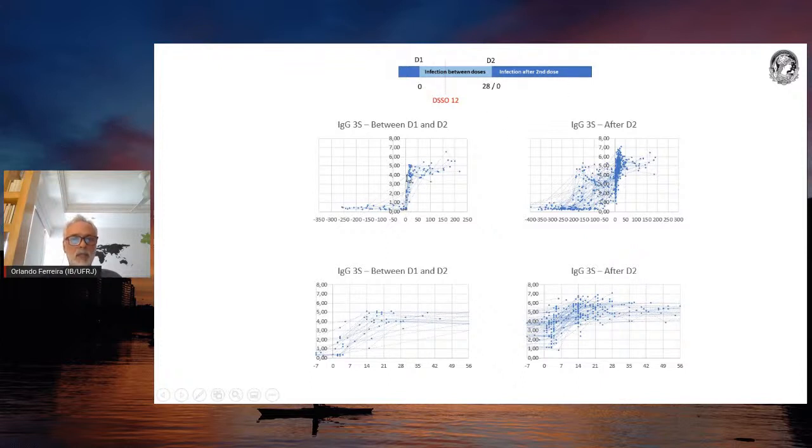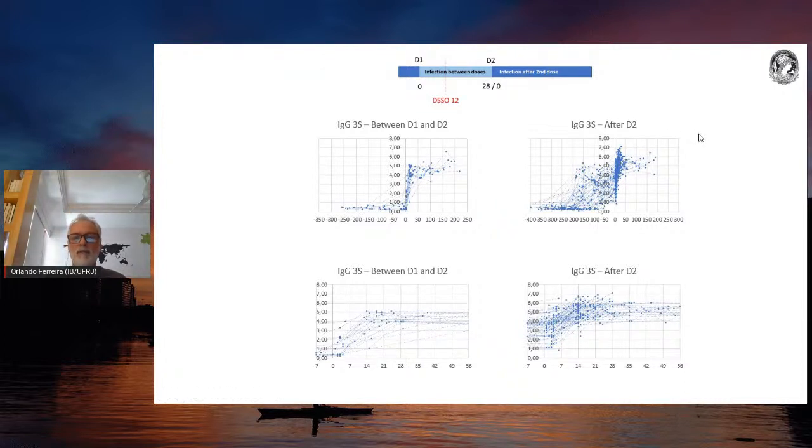And you see here that the individual that got infected between the first and second dose of the CoronaVac has a much lower level of antibody against the trimeric spike protein than the individual that got infected after the second dose.